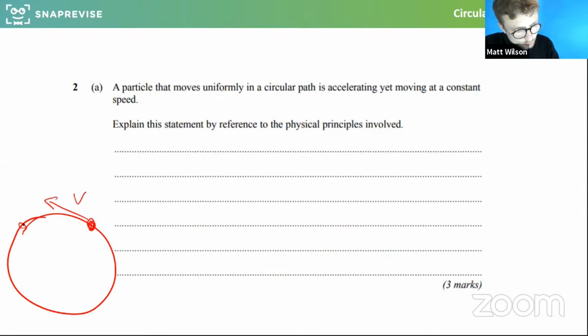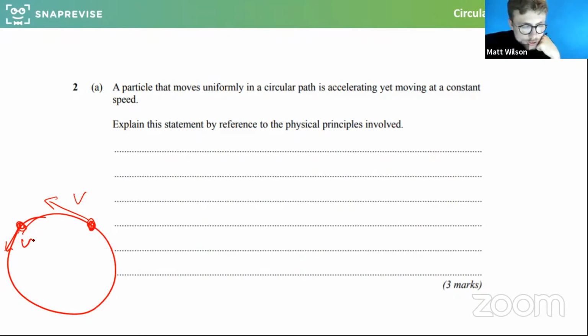How do we know it's accelerating? If anyone is able to say how we know that a particle moving in a circle is accelerating, have a go at putting that in the chat, because that's going to be the crux of this answer. If you can say how you know it, then you've got this question down.